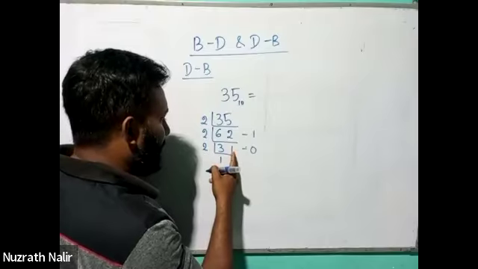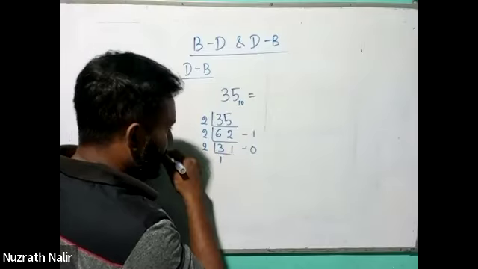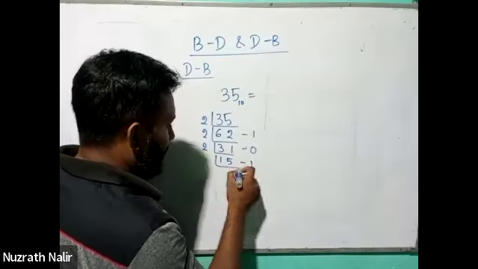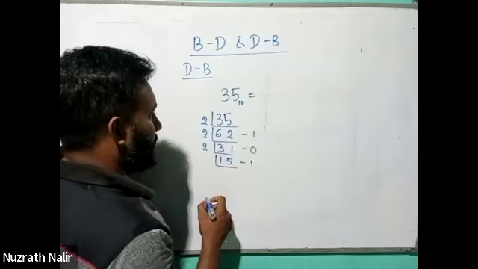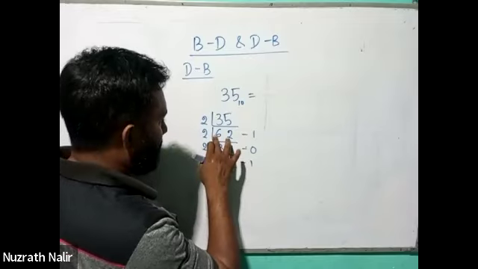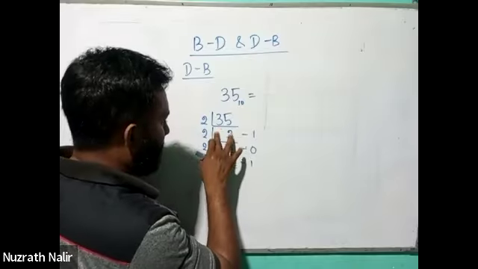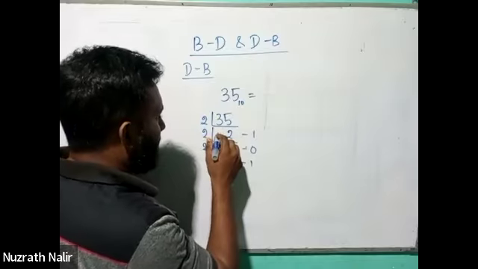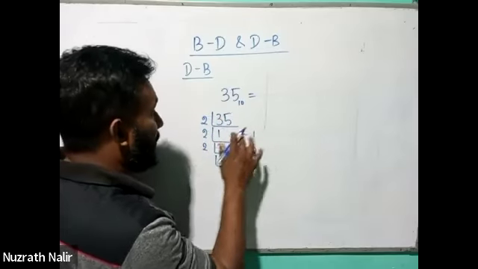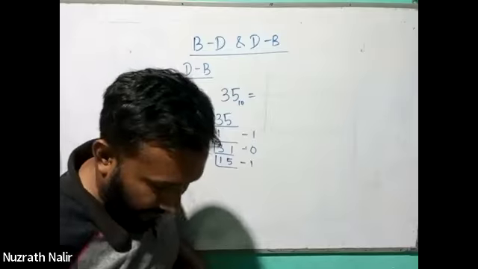Sorry, it's not 6, no, sorry. I think 1 balance, 15. Sorry, from right to left. Confused. Wait.